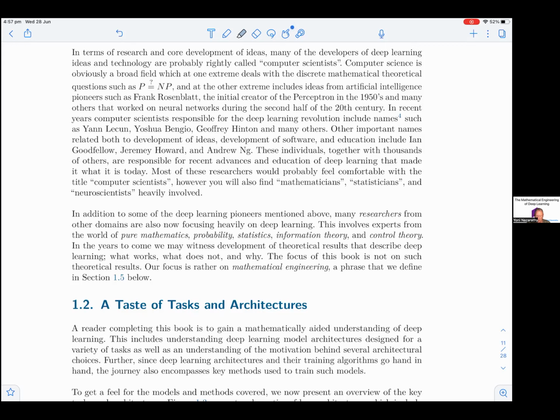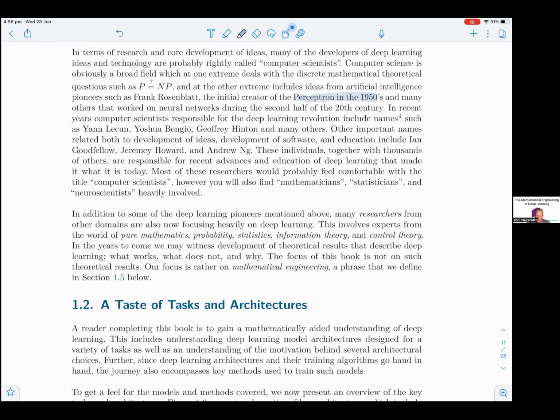And at the other extreme includes ideas from artificial intelligence pioneers such as Frank Rosenblatt, the initial creator of the perceptron in the 1950s, and many others that worked on neural networks during the second half of the 20th century. In recent years, computer scientists responsible for the deep learning revolution include names such as Yann LeCun, Yoshua Bengio, Geoffrey Hinton, and many others. Other important names related to both the development of ideas, development of software, and education include Ian Goodfellow, Jeremy Howard, and Andrew Ng.